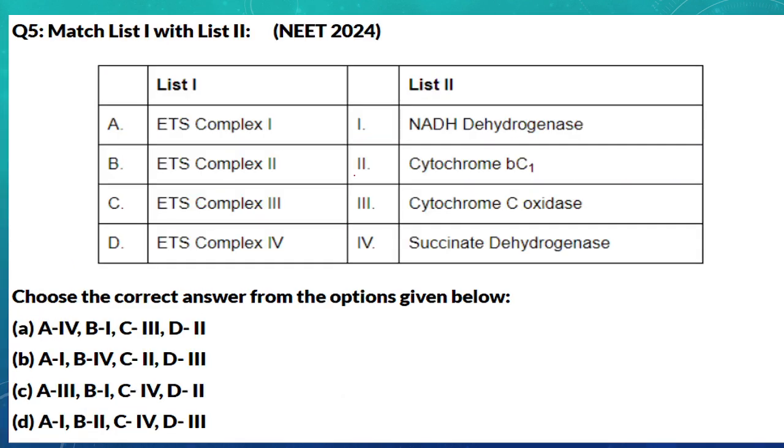Next, match the following. Electron transport system. Complex 1. What is complex 1? Complex 1 is NADH dehydrogenase. A is 1. Here from A, two options are there. Eliminate these.